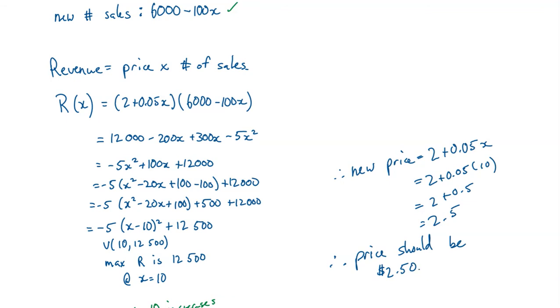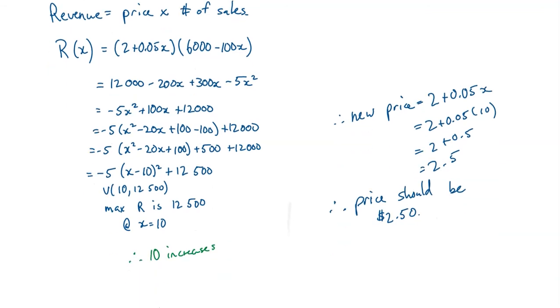So the new price should be $2.50. 10 increases of 5 cents each is a 50-cent increase, $2.50. That was all for A.